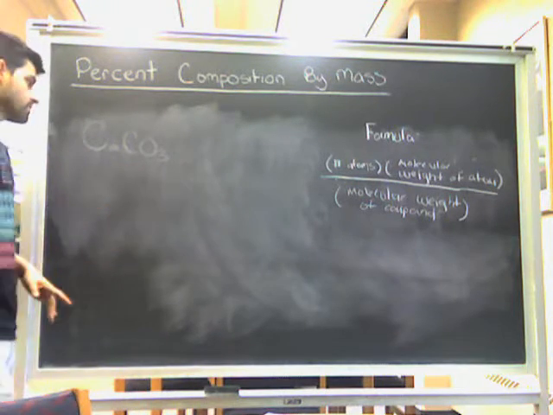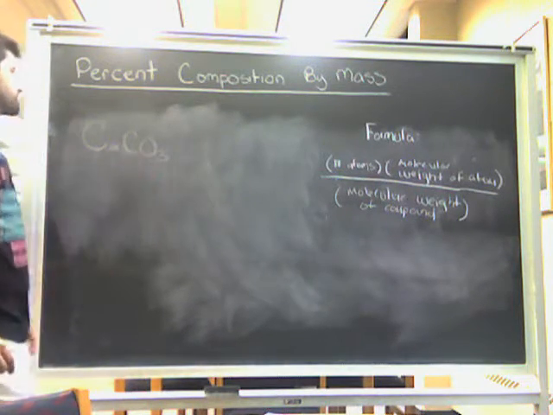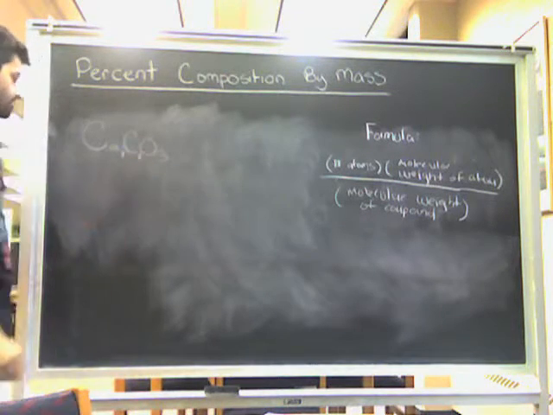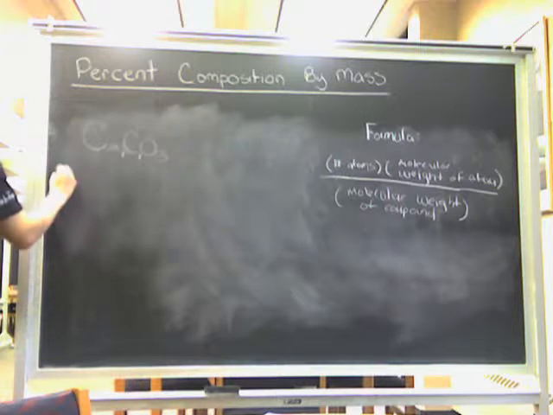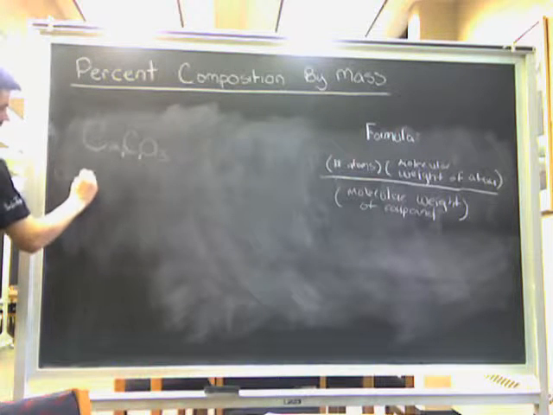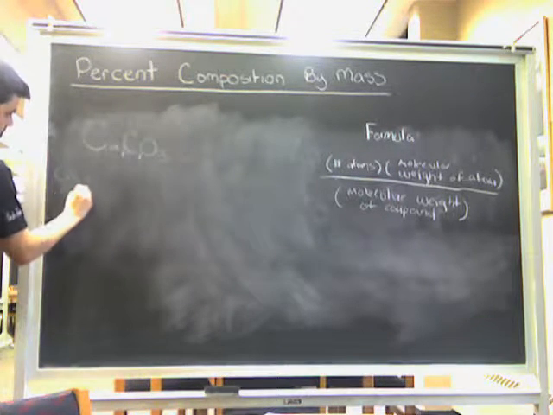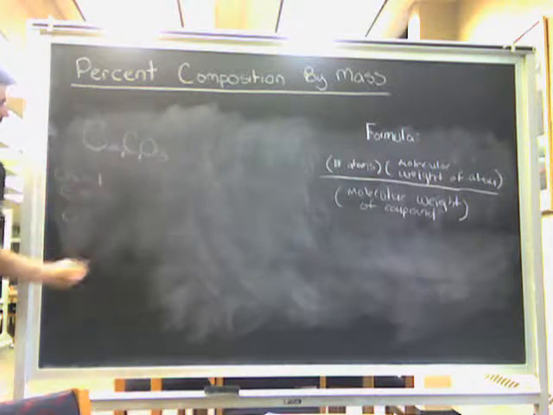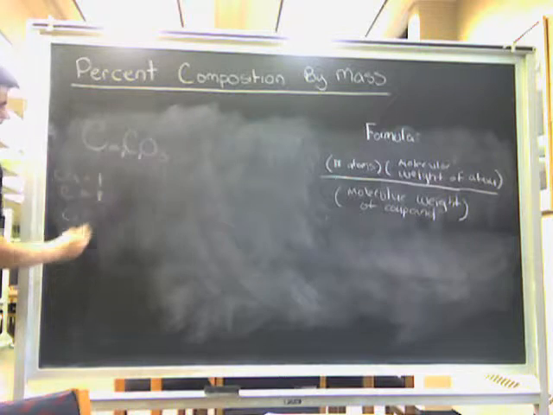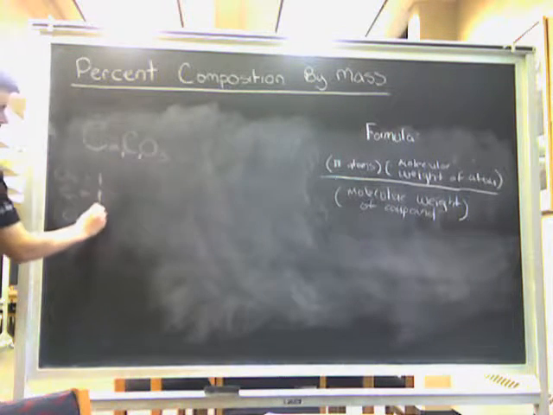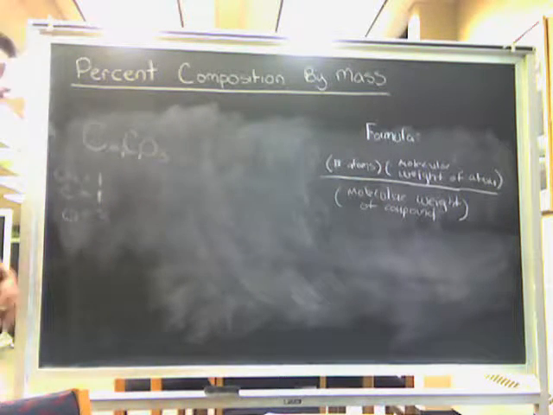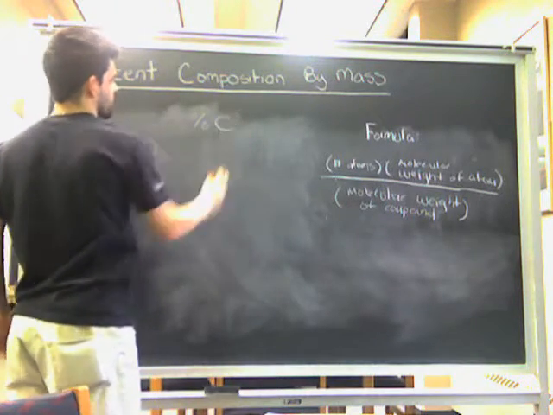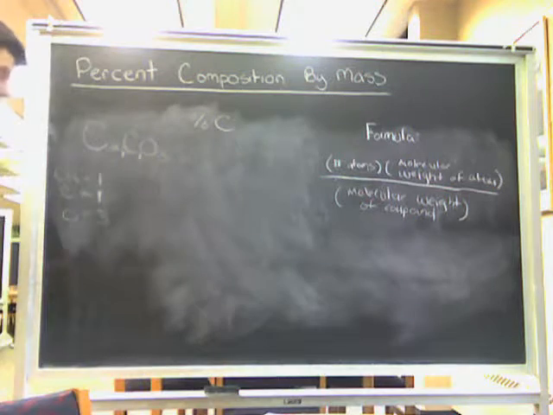Again, there's no rule that says if there's no subscript, we cannot go ahead and assume it as 1. So let's go ahead and take an inventory again. So we have 1 calcium atom, 1 carbon atom, and 3 oxygen atoms. Now let's say, for example, I wanted to find the percent of carbon in this molecule.